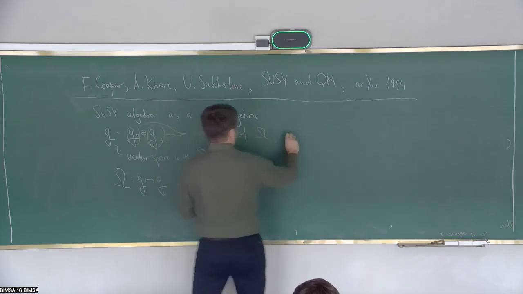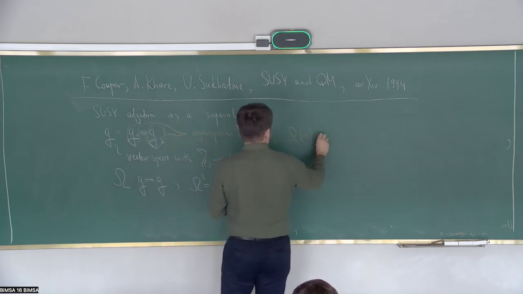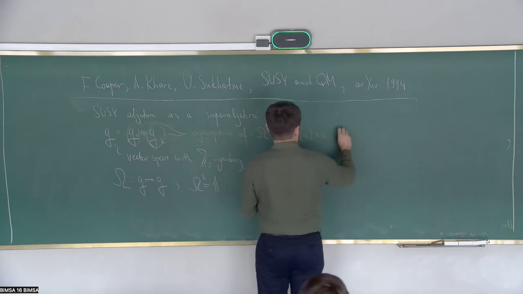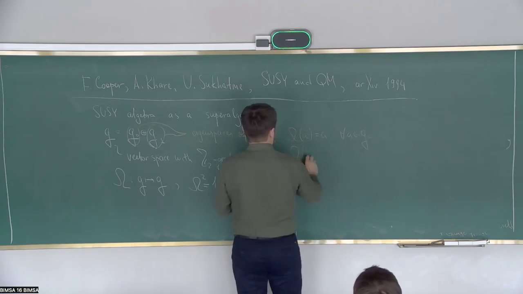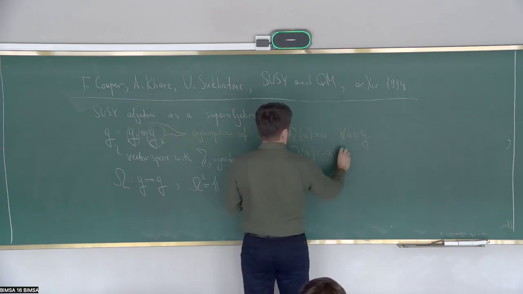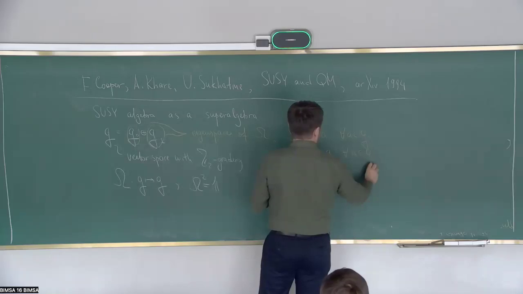So omega of A is A for any A in G0, and minus A for any A in G1.